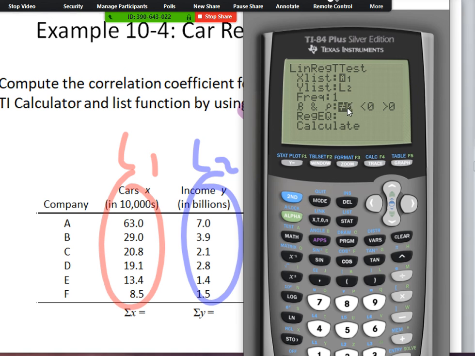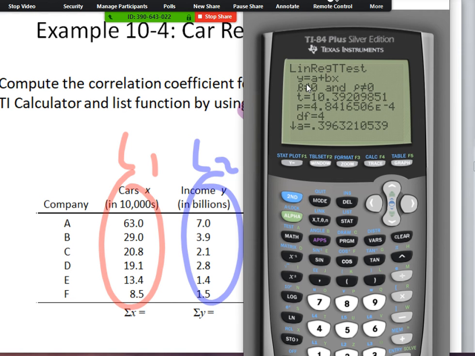We don't care whether it's left or right. So it's always going to be not equal to here. So for what we're doing in this class, we only care if it's correlated. We don't care whether it's positive or negative, so we're going to do the not equal to 0. And then leave this one blank, the RegEQ, leave that blank, frequency 1, and then just go down to calculate.